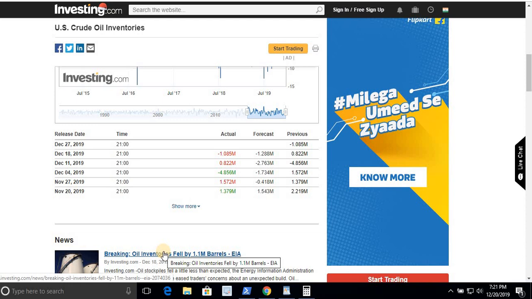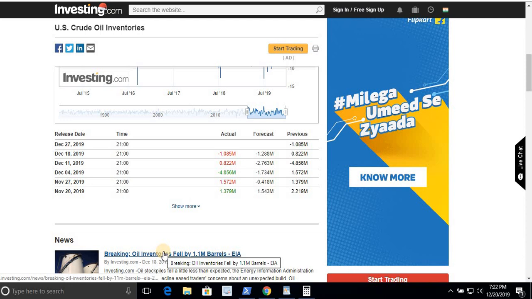One is the previous data, what is forecasted and what is the actual. Previous data is nothing but the last week's actual and forecast is nothing but what they are expecting. Here it's nothing but the EIA and API's expectations, their forecast with respect to the stock they have, and actual is what is being published.